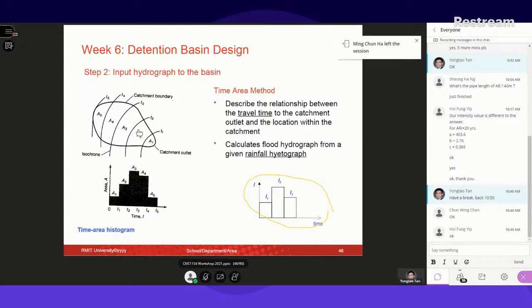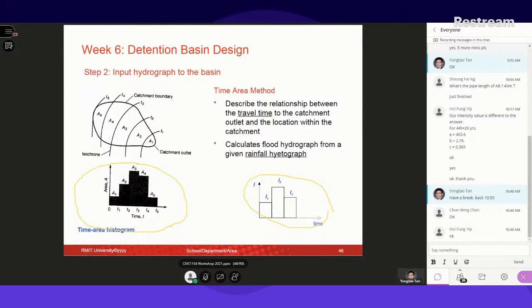This graph is called the time area histogram. It shows the temporal contribution of the catchment area.